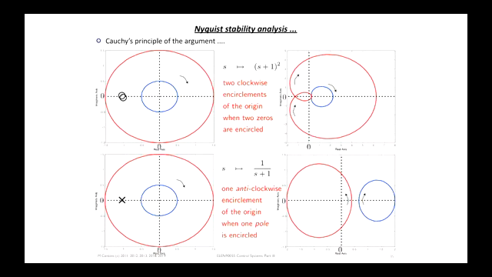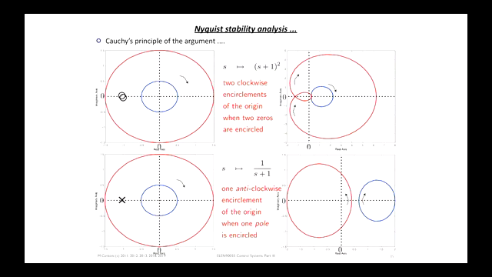Okay? So let's say we have a function now that looks like this, that has 2 zeros at minus 1. All right? And if you evaluated this function at points around this contour, you get the red contour here, like this.